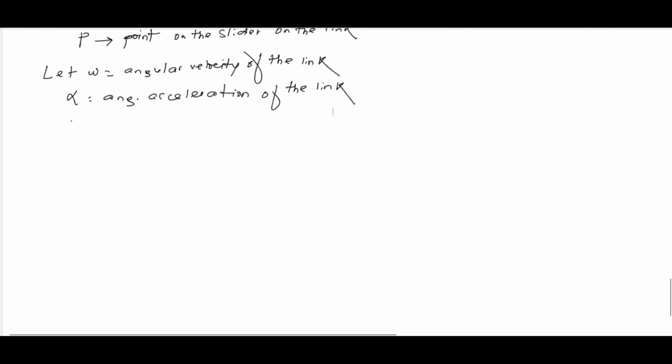V is the linear velocity of the slider on the link.